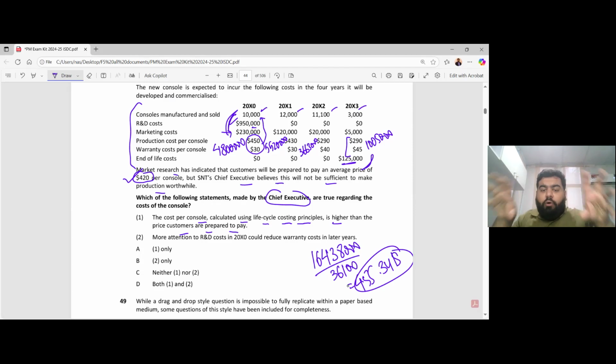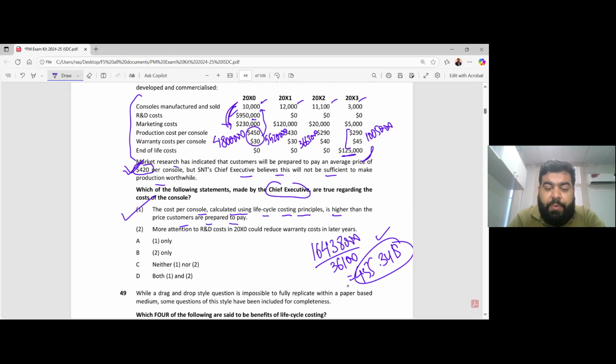When I added all of the costs and divided by units, I came to know the cost was 455. But market research says to sell it for 420. So this statement of the CEO was correct: the life cycle cost was higher than the price the customers are prepared to pay.